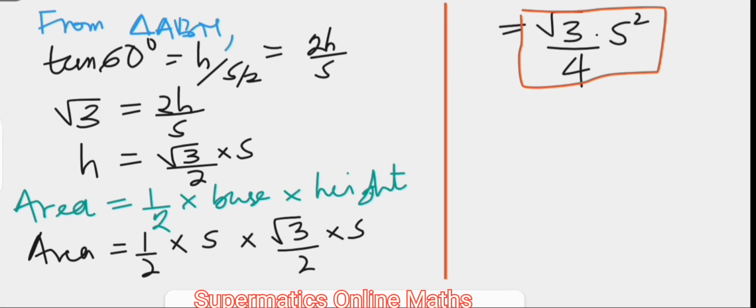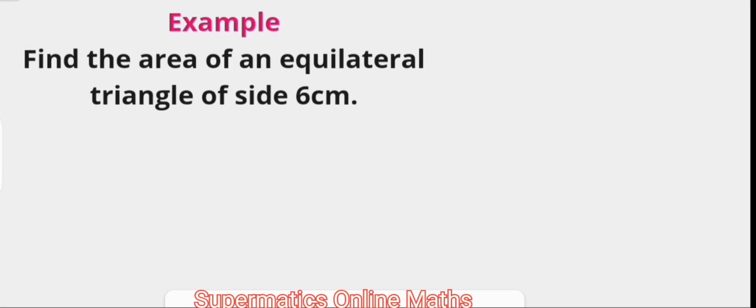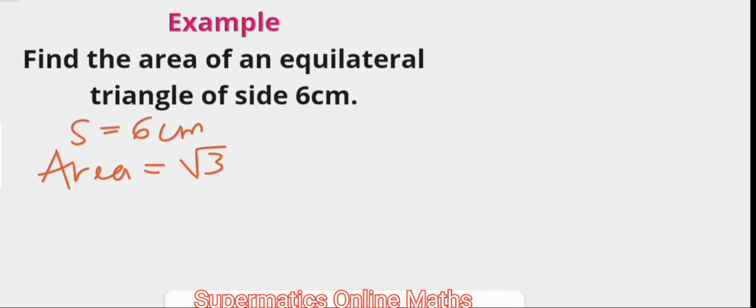side is known. Applying it in an example, we want to find the area of an equilateral triangle where the side is 6 centimeters. Again, the area, as we just found out, is root 3 over 4 times S squared.